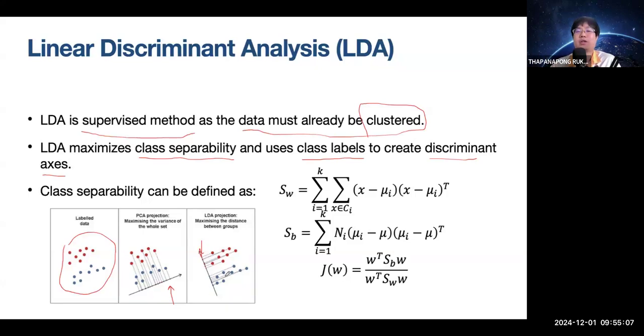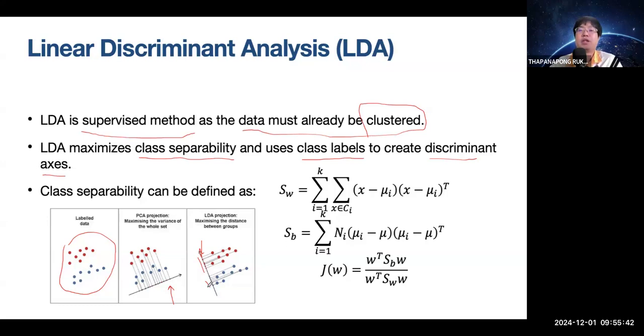And when you project the points onto this space, you can actually see the separation between two classes. So this is how LDA works. There's no eigenvalue or eigenvectors. They just want to find the axis so that when you project, the data from the same class are clustered, and the data from different classes are far apart.